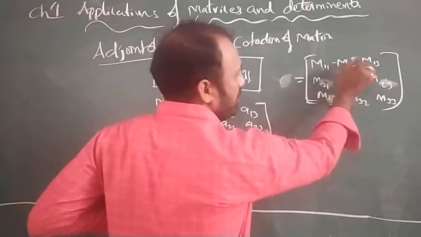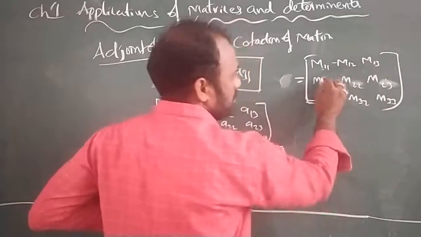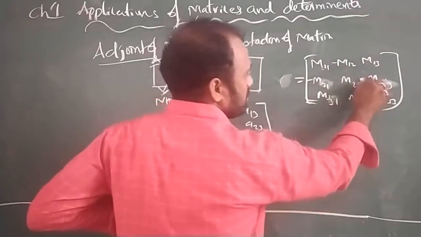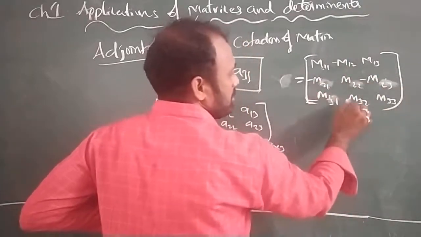If it is odd, it will be minus. So it is minus here, here also minus, here also minus, here minus.